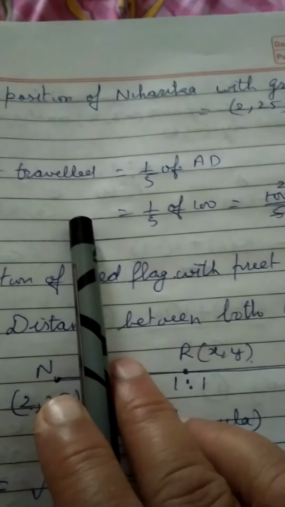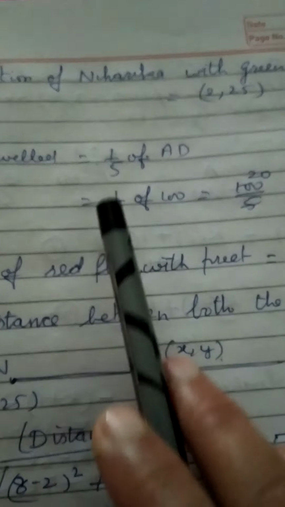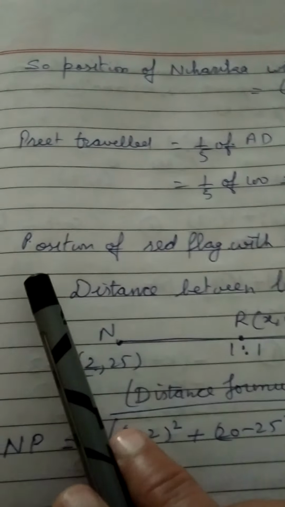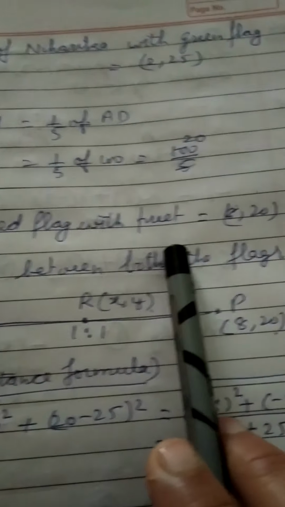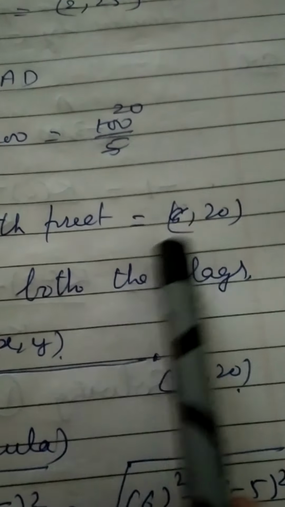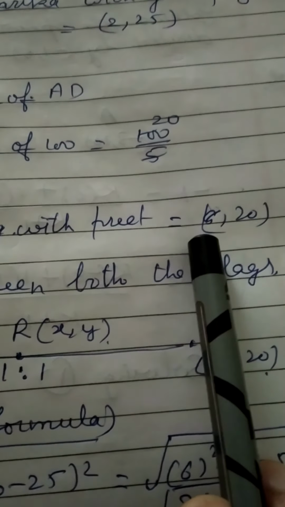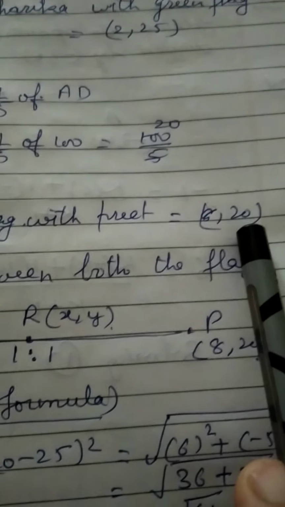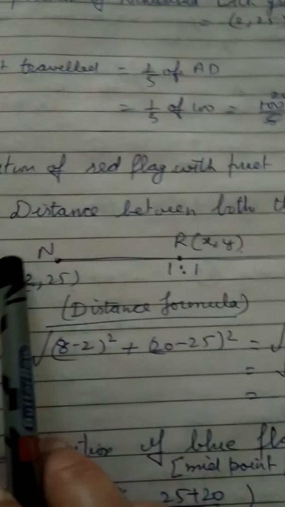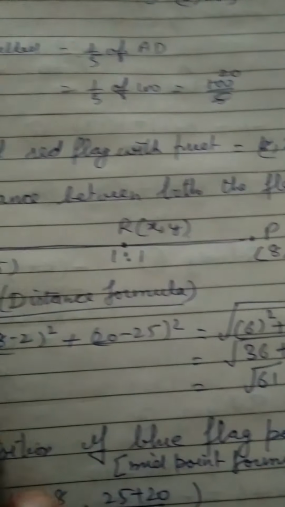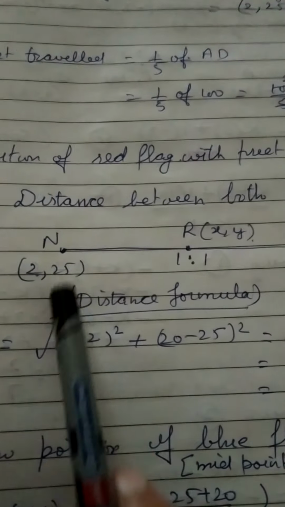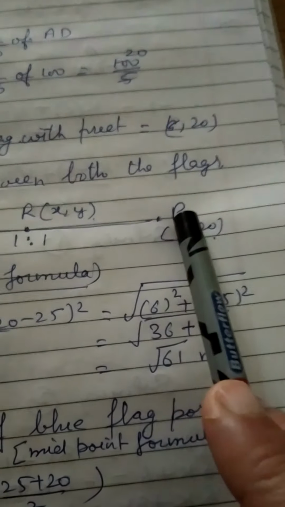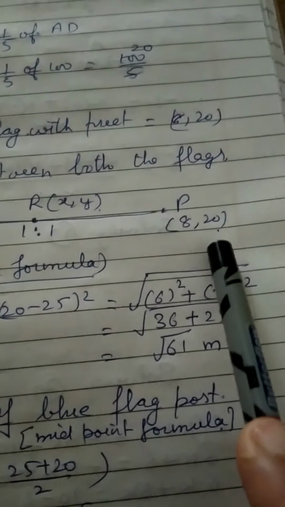Now Preet travelled 1/5 of AD, means 1/5 of 100 is 20. Position of the red flag with Preet will be (8, 20) because it is on the 8th line. Along the x-axis the coordinate is 8 and along the y-axis it is 20. Now Niharika is taken as N (2, 25), and P is Preet (8, 20).